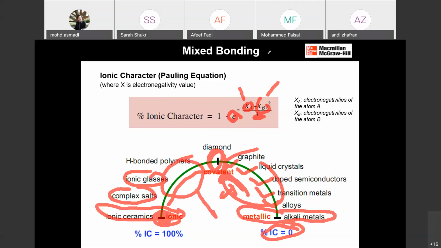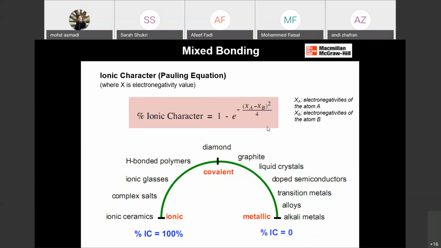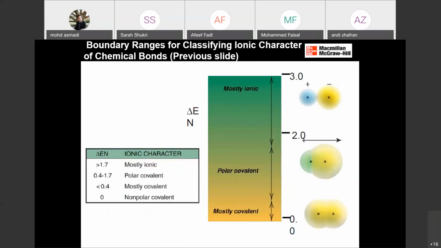So this you can calculate. Just determine the electronegativity difference, divide by 4, take the exponent, and subtract from 1, so you can get the ionic character of the bonding. So this is the boundary range. I already presented this last class.